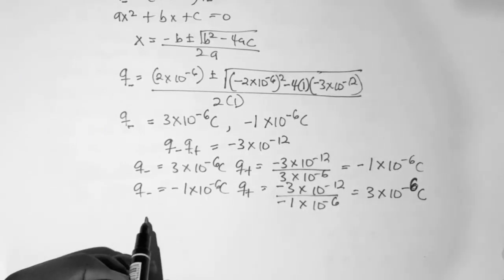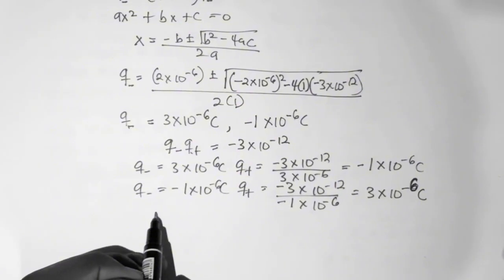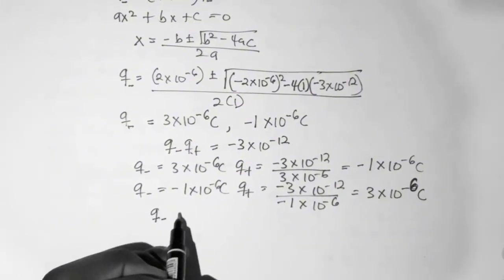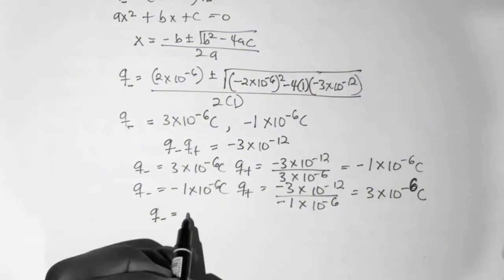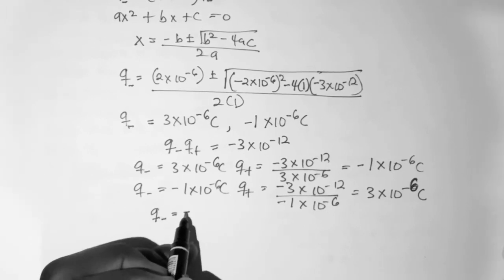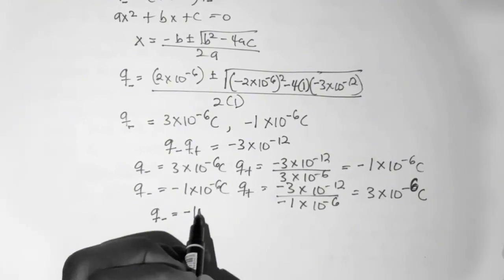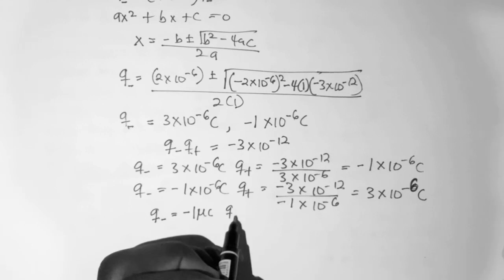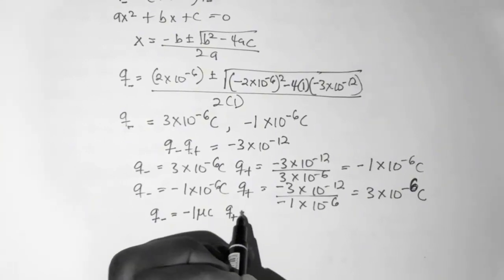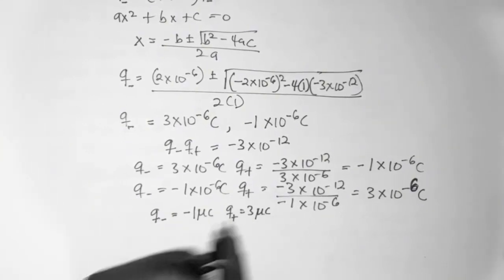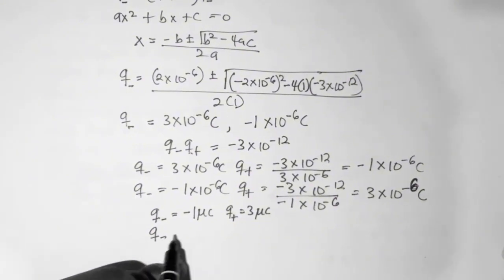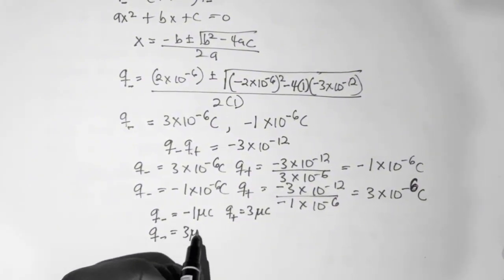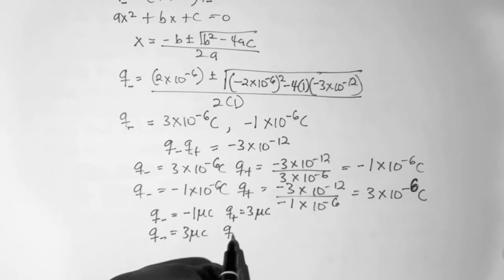So we either have Q minus is minus 1 microcoulombs, and the Q plus is 3 microcoulombs, or Q minus is 3 microcoulombs, and then Q plus is minus 1 microcoulombs.